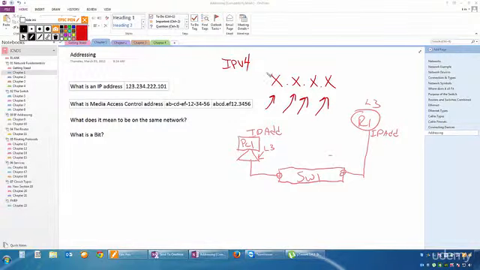Each one of these numbers can be anywhere from 0 to 255, except this number. This first number can have a range between 1 to 255.